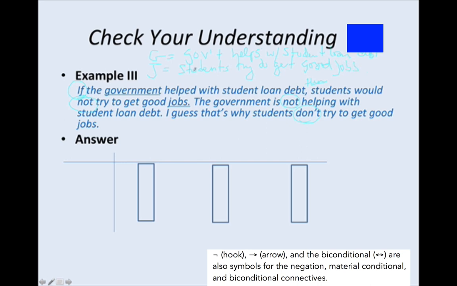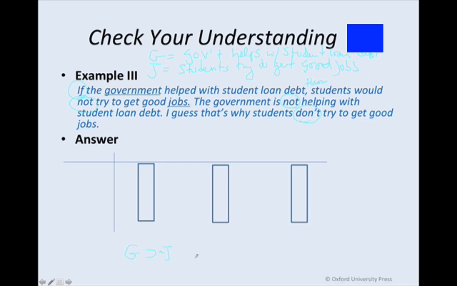And we end up with the following. I'm going to put it down here just so that we have a little bit more room. If the government helped with student loan debt, then students would not try to get good jobs. The next sentence is, the government is not helping with student debt. And the third sentence is, it's not the case that students try to get good jobs.